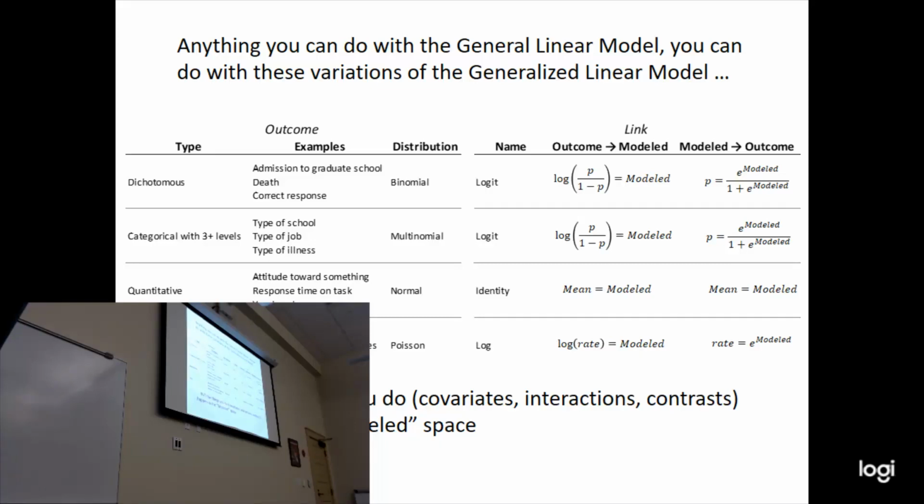So that can create a tricky interpretation. And that's one thing that I encourage you to read up on if you have to do this yourself. But those basic ideas of how the link creates the separation apply to all these different other kinds of outcomes, just as they apply to dichotomous outcomes.